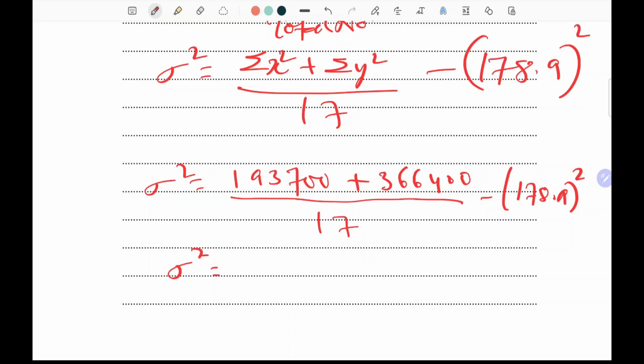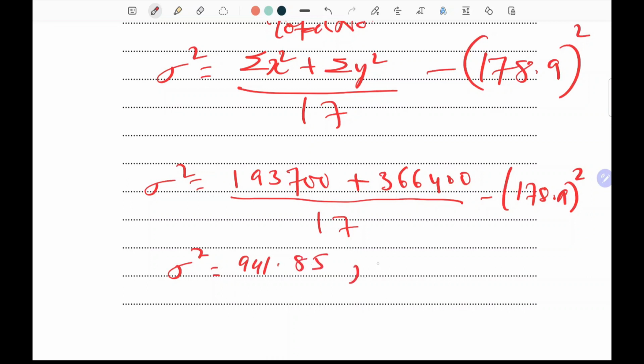So let me use my calculator. 193,700 plus 366,400, over 17, minus 178.9 whole square, and I got 941.85.